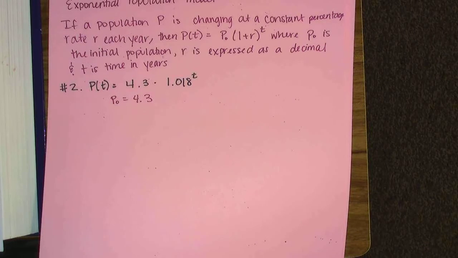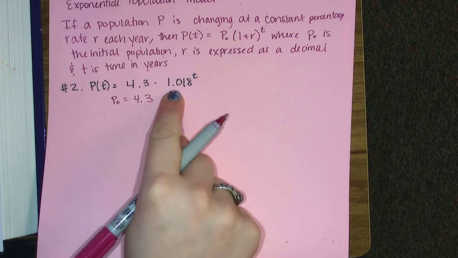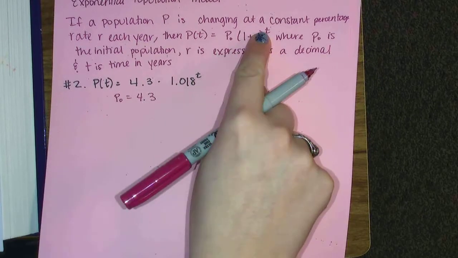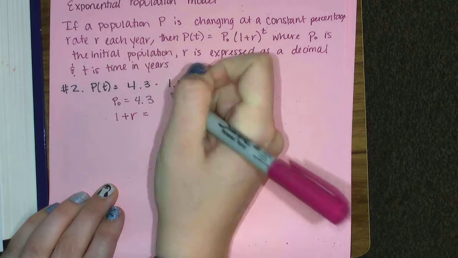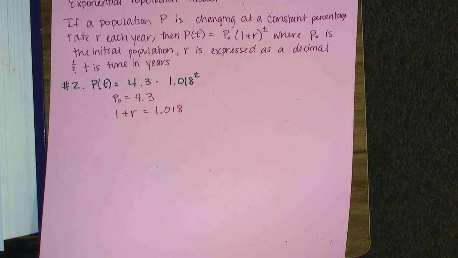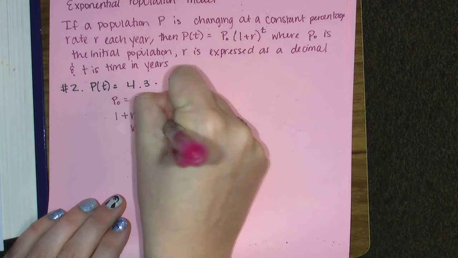So we know based on this formula, the (1 plus r) raised to the t, so this number has to be equal to 1 plus r. Because it's already raised to the t, and we have this one raised to the t. So we're going to have 1 plus r is equal to 1.018. Then we want to figure out what r is equal to, so I'm going to subtract 1. So r is equal to 0.018.